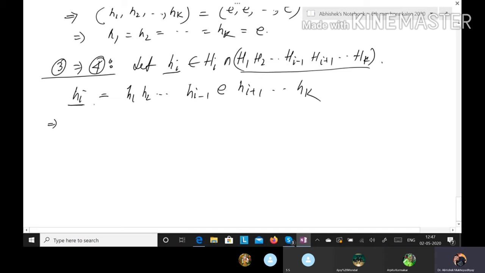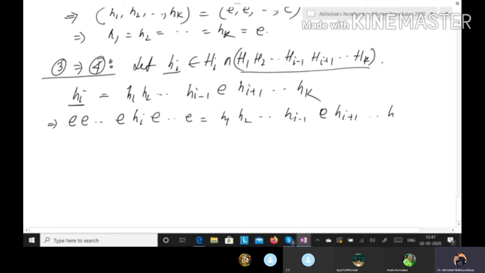Now the left hand side can be represented as E in the first position, E in the second, E in the (i-1)th, Hi in the ith, E in the (i+1)th, E in the kth. But on the right hand side it is H1, H2, ..., Hi-1, identity, Hi+1, ..., Hk.